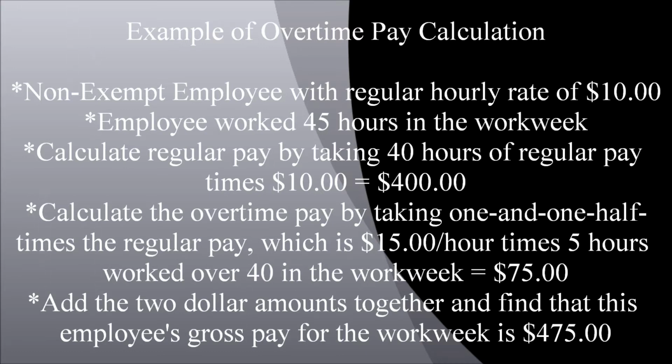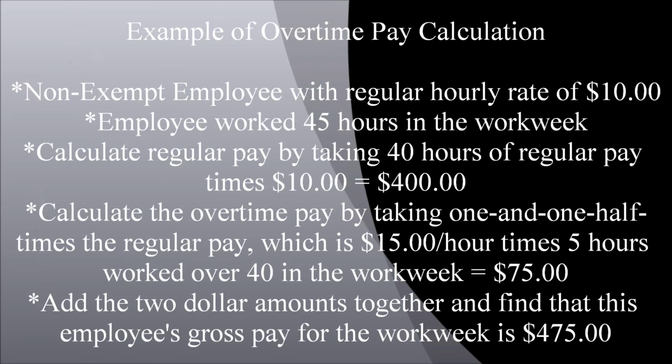So in our example, an employee is non-exempt. Their regular pay is $10 an hour. They worked 45 hours in the work week. We first take the 40 hours of regular pay times the $10, that equals $400.